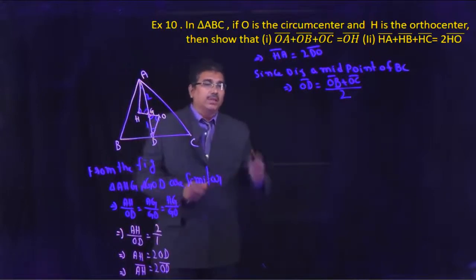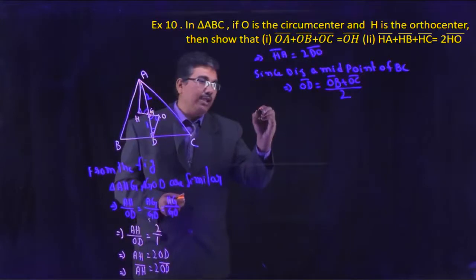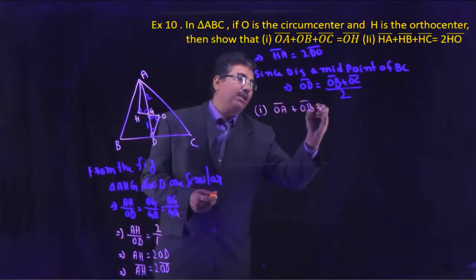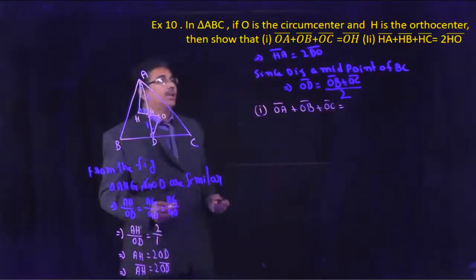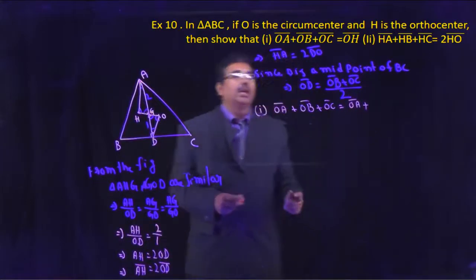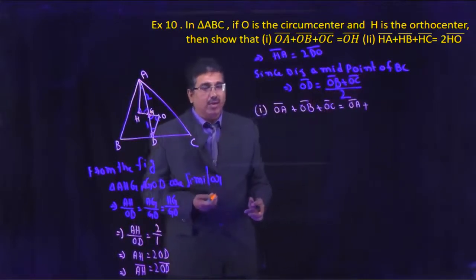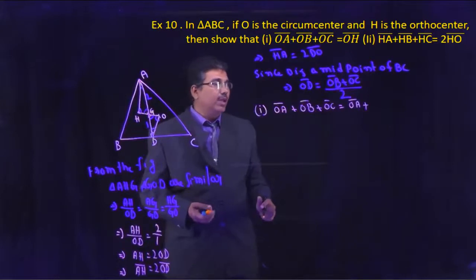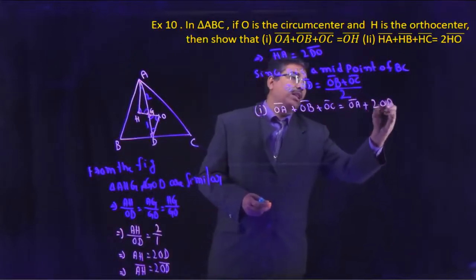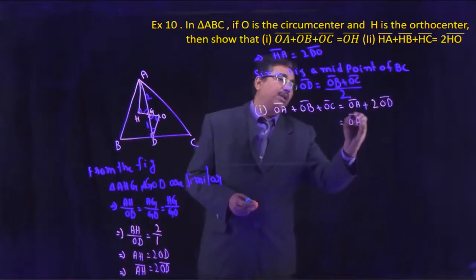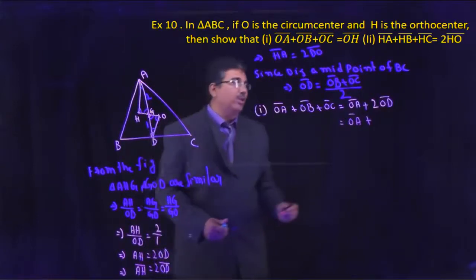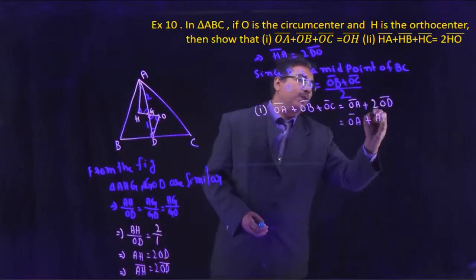Right, now the first bit: OA bar plus OB bar plus OC bar is equal to OA bar plus, OB bar plus OC bar is equal to 2 times OD bar, that is equal to OA bar plus 2 times OD bar, that is equal to AH bar.